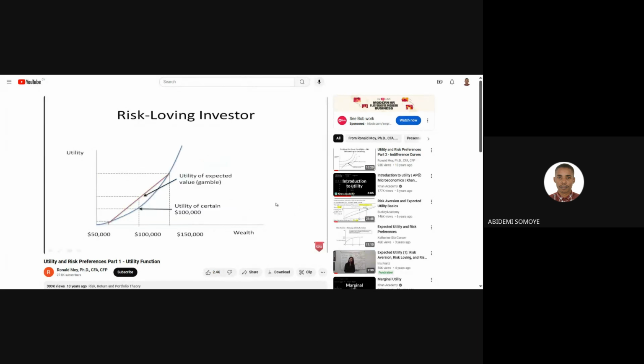And then the final case is where you have somebody who's a risk lover. In the case of a risk lover, they exhibit this increasing marginal utility of wealth. So the curve goes this way. And what you can see is that the 100,000 with certainty actually gives them less utility than the expected $100,000 they get from taking the gamble.